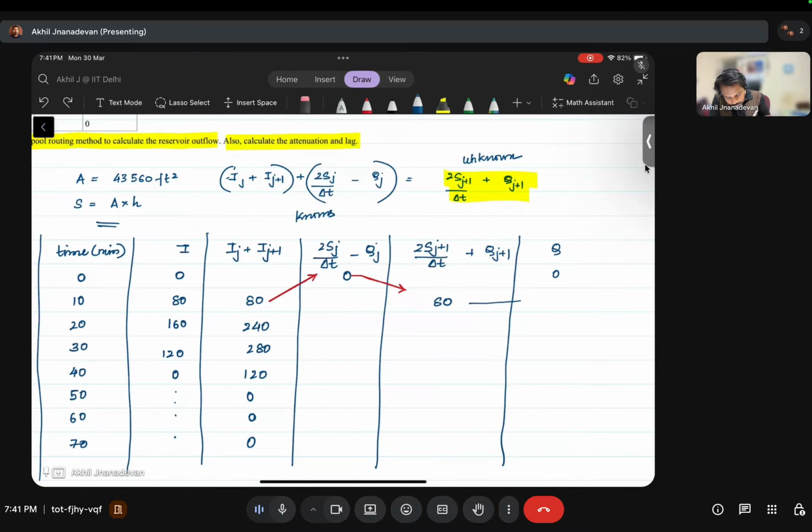So once we get 80, we need to get Q from this 80.